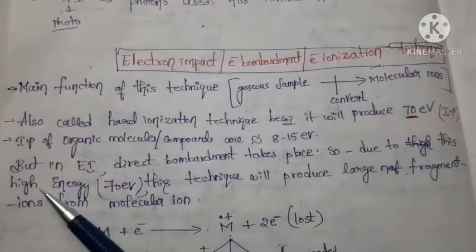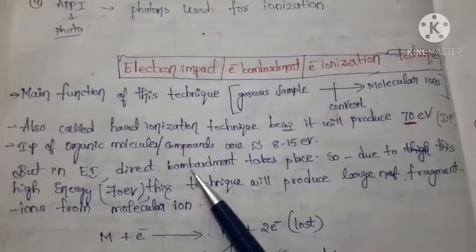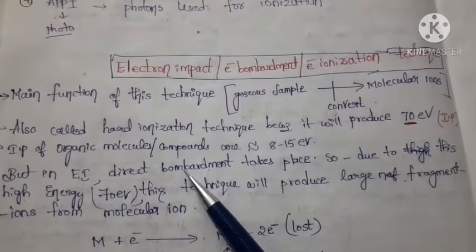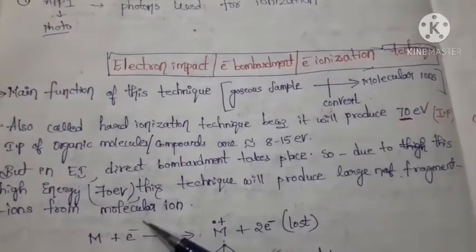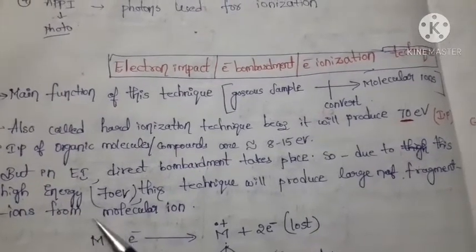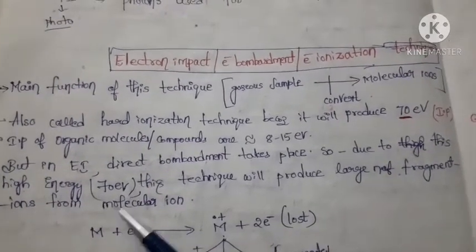But in this electron impact technique, as the name electron bombardment suggests, direct bombardment takes place. So the ionization potential required is very high. High energy is required, that is 70 electron volts.